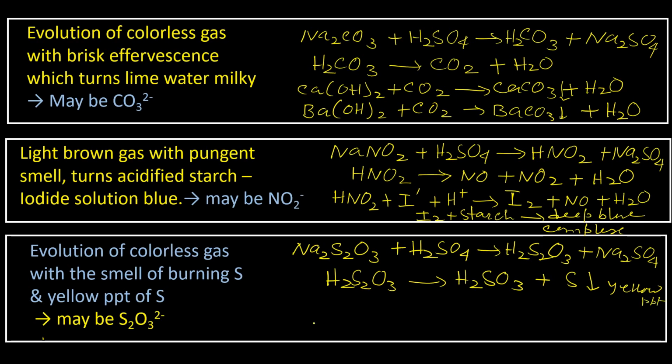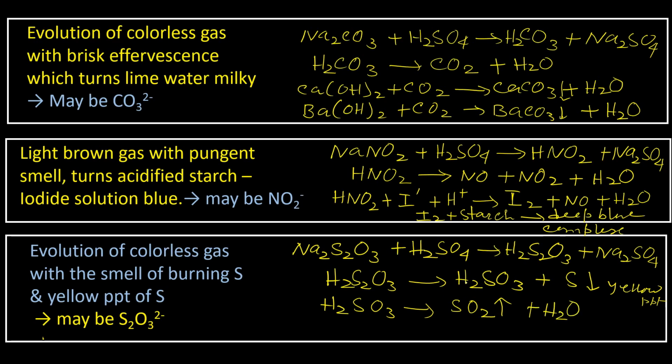And then this sulfurous acid, H2SO3, is decomposed to sulfur dioxide. That's why you are getting the smell of burning sulfur, gas with the smell of burning sulfur, plus water.